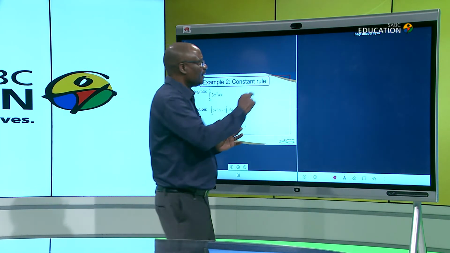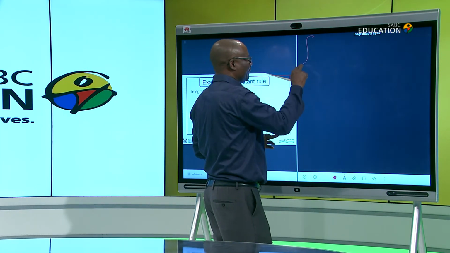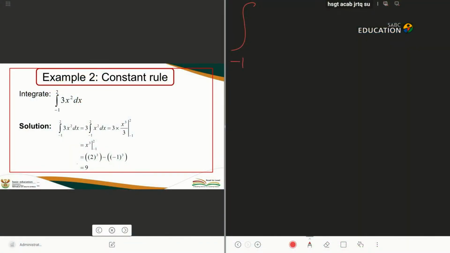We have the integral from -1 to 2 of 3x squared dx, a constant multiplied by a function. Firstly, we factor out our constant, which is 3. Then you remain with your function, x squared dx.